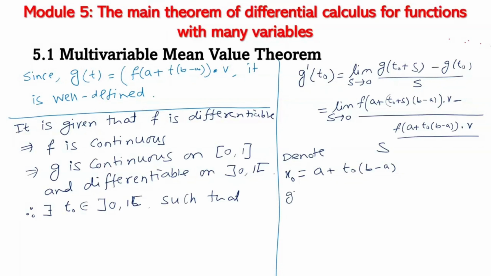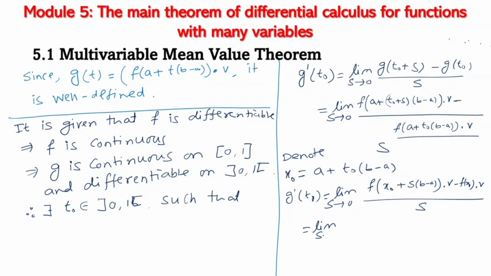Therefore we can rewrite it: g dash t naught is equal to the limit as s tends to 0 of [f of (x naught plus s(b minus a)) dot v minus f of x naught dot v] over s. So we can separate this limit.